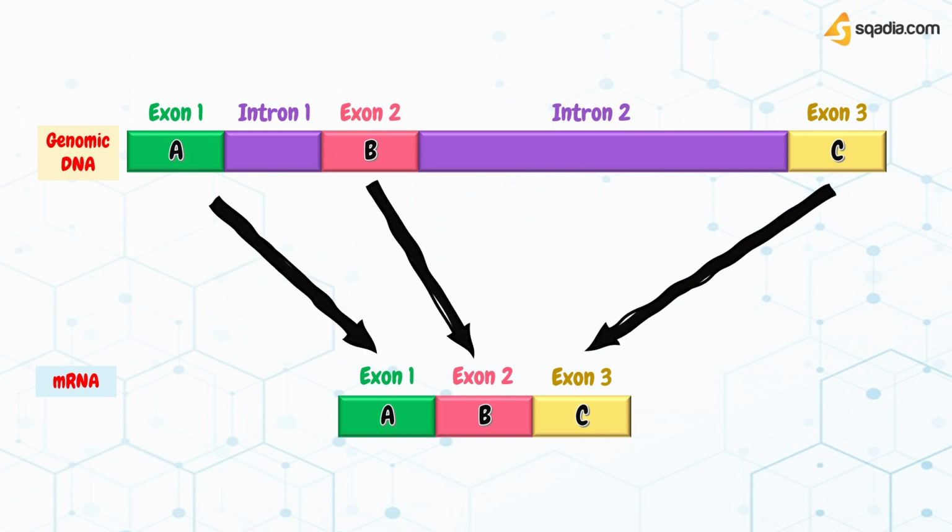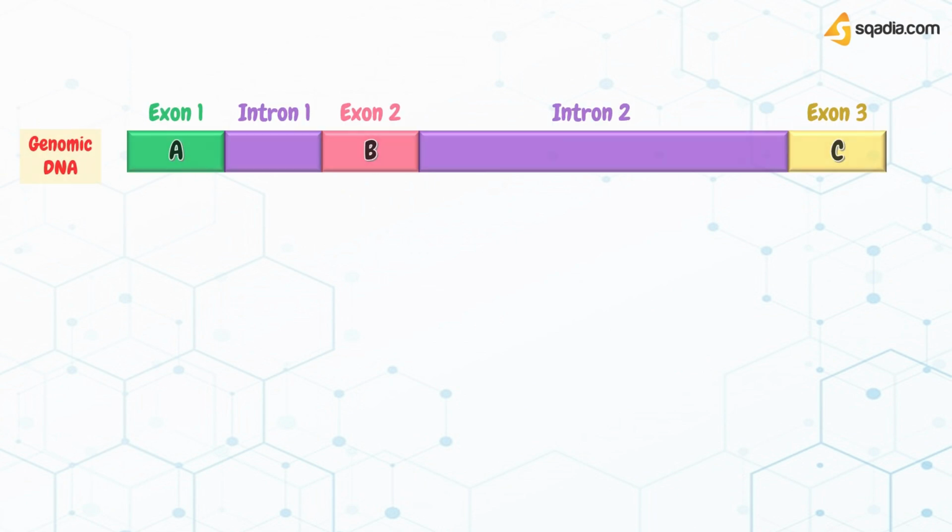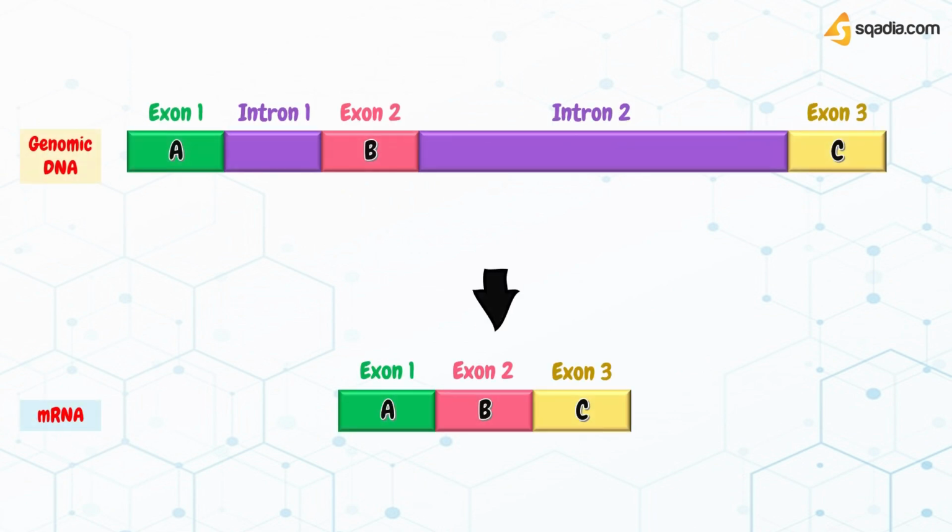So, the order remains the same in messenger RNA as in DNA, but distances along the gene do not correspond to distances along the messenger RNA or polypeptide products. Let's understand it.